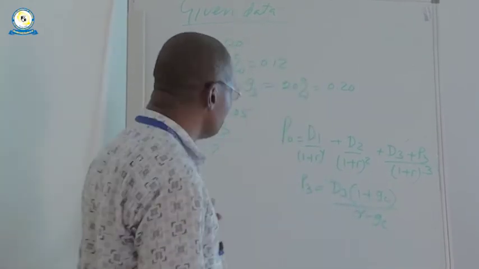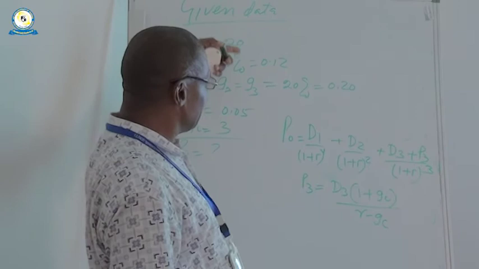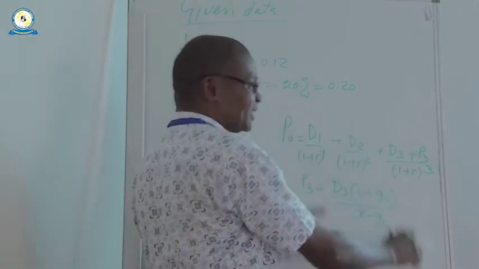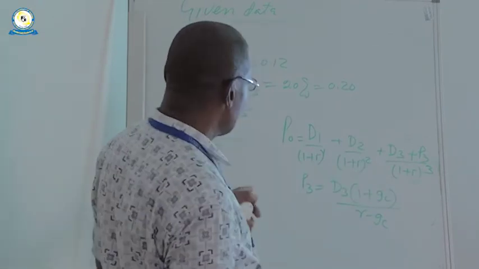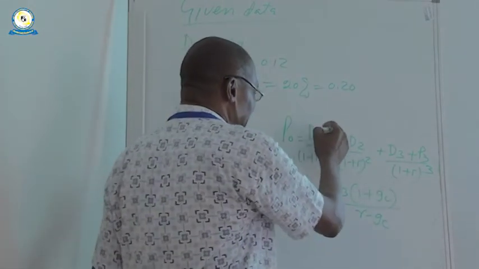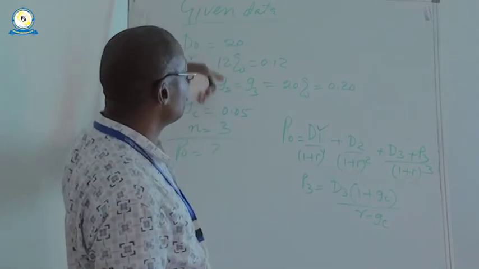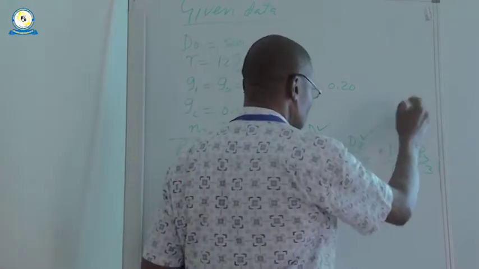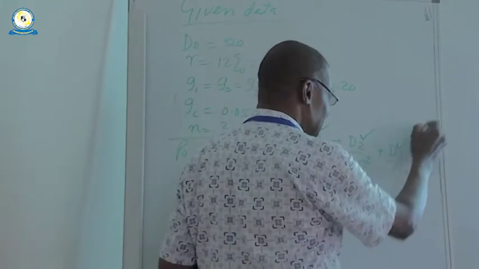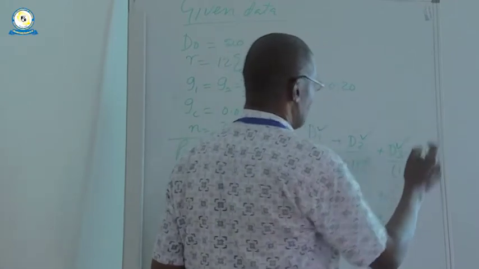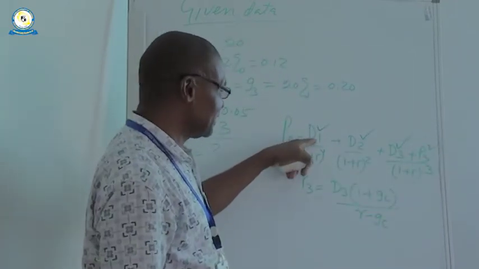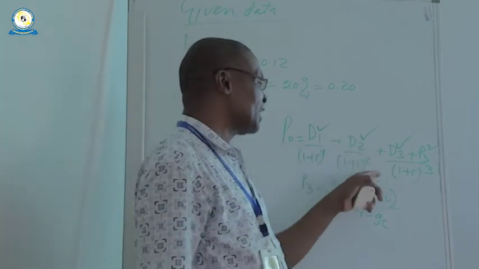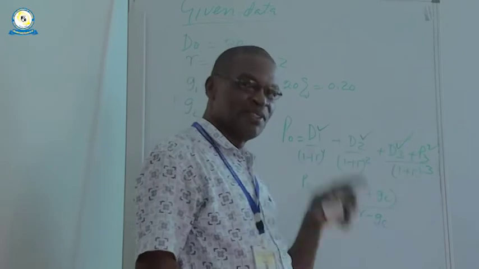So we are going to make sure that the data we have here is plugged into these two formulas. Now, we don't have D1 because in our formula we have D0. We don't have D1, D2, D3, or P3. So we are supposed to look for D1, D2, D3, and also P3.